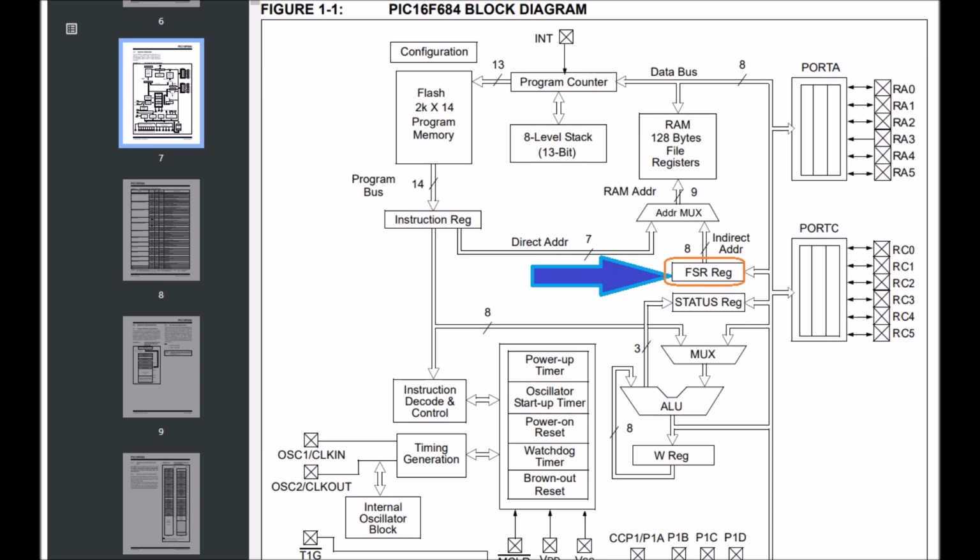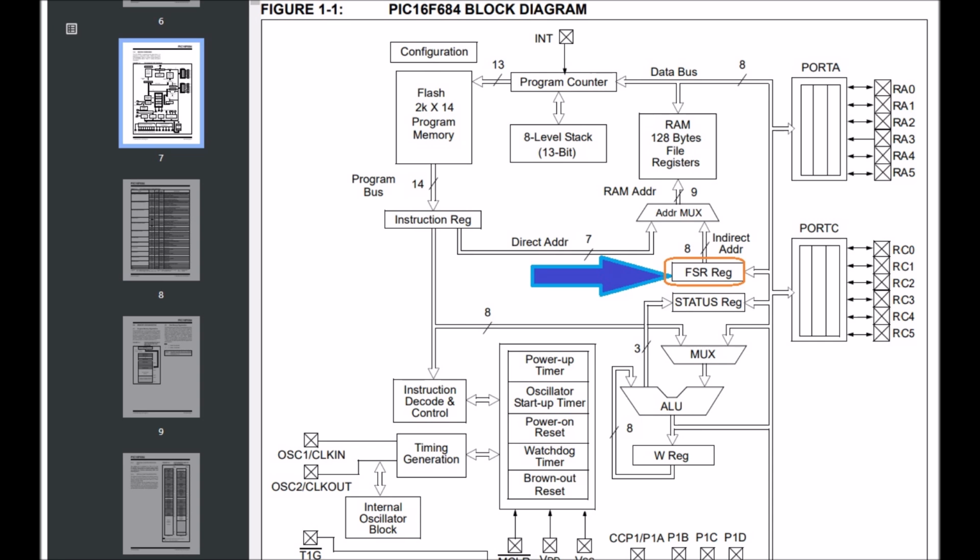Dynamic addressing. By changing the value in the FSR, you can dynamically access different memory locations without needing to change the instruction itself. This is particularly useful for loops and data structures like arrays. How FSR works with INDF.